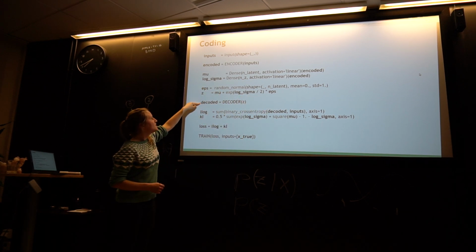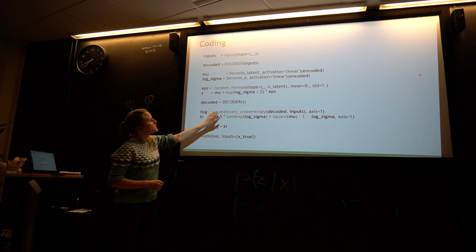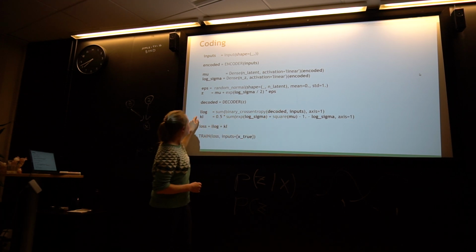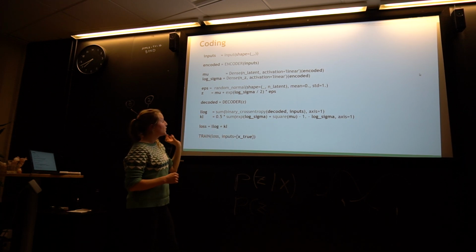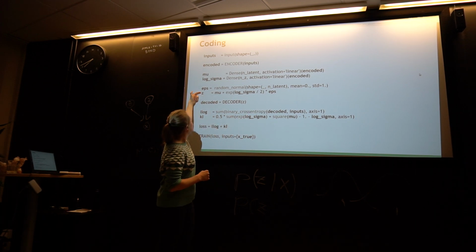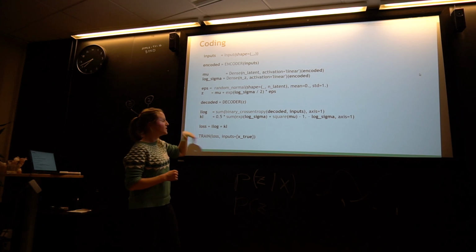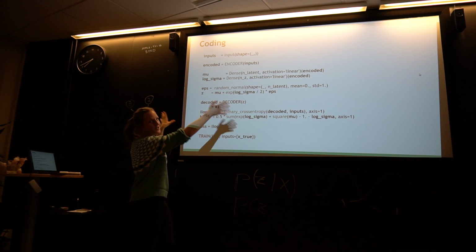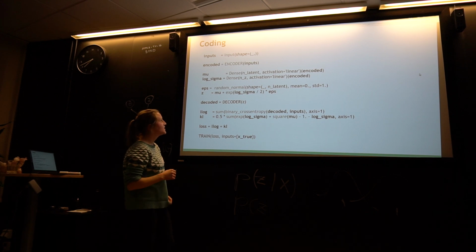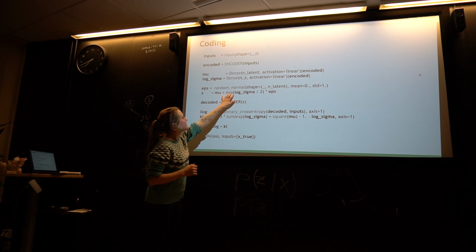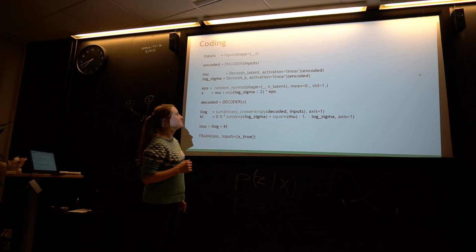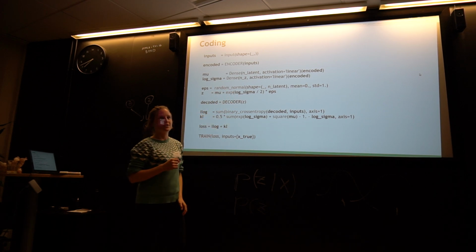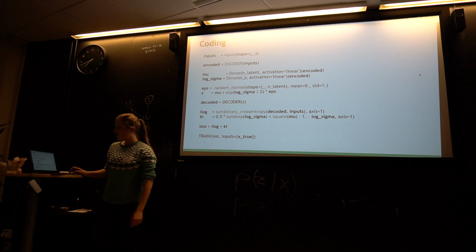You decode this one, and you compute the likelihood and the KL divergence between the prior that we have and our z distribution, and then we train this. So this is all you need for training a variational autoencoder. The reason that we use this trick here is because we want it to be positive, because it's a variance, right? So it's nice to just use the exponential there.